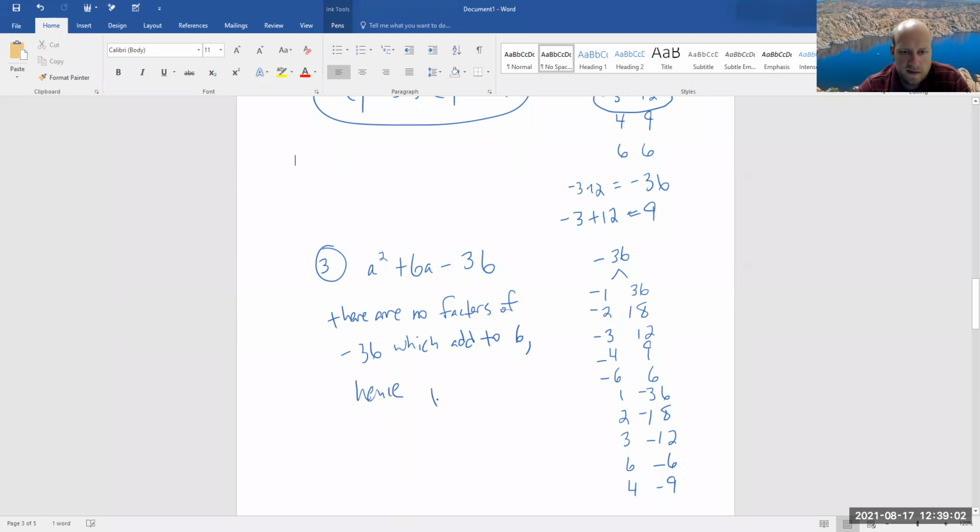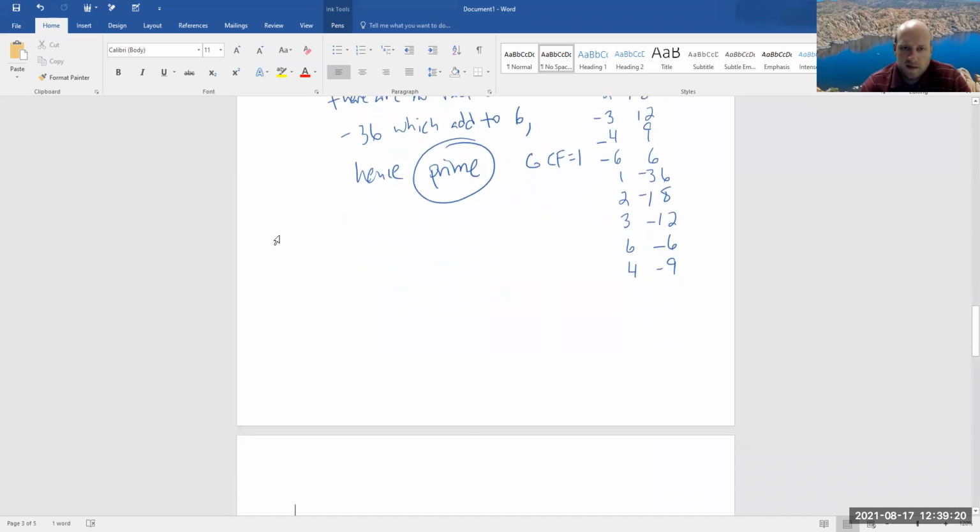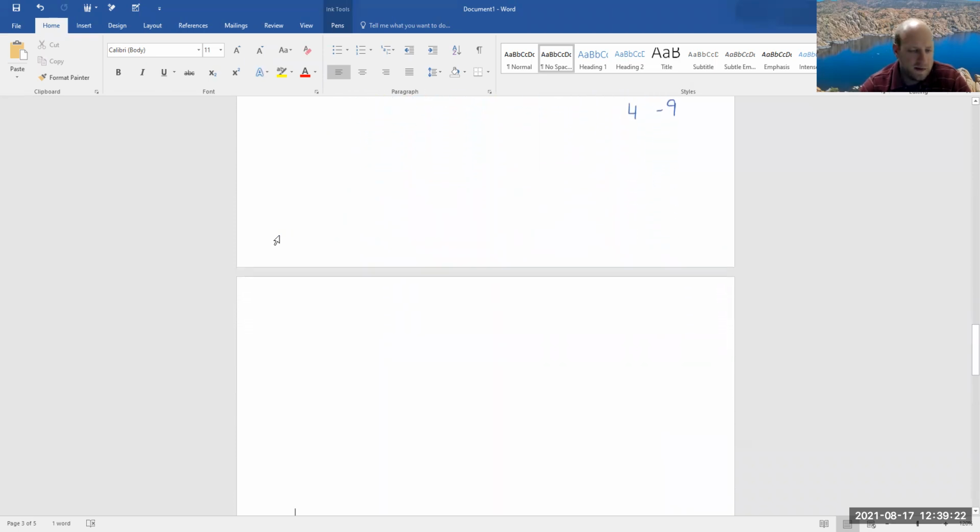Hence, this is prime. Our greatest common factor is 1, and we can't do anything special with that. So let's keep going.